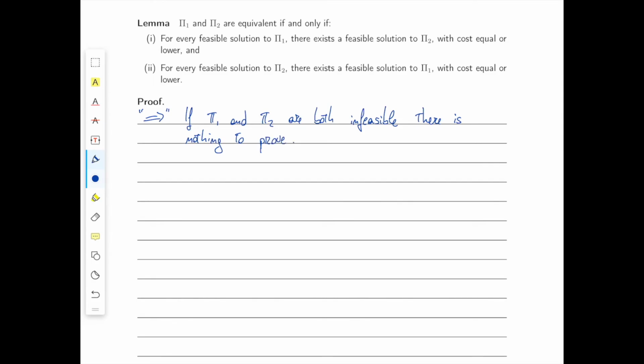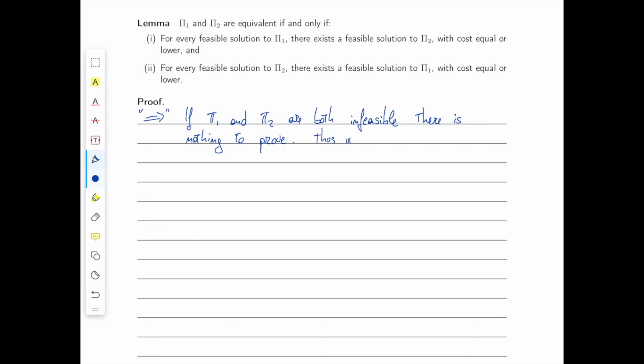Why? Because we should be proving 1 and 2 above, but 1 asks that for every feasible solution to pi1 something happens, and 2 for every feasible solution to pi2 something happens, but since neither of these conditions apply, there's nothing to prove. So we can now assume that pi1 and pi2 have the same optimal cost.